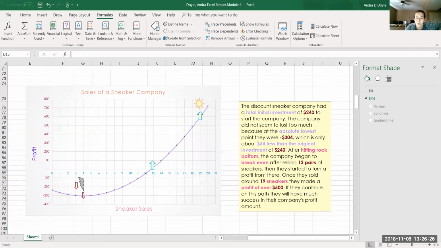After hitting rock bottom, which was right there with that thunderbolt, the company began to break even after selling about 13 pairs of sneakers, which is right here. And then once they sold around 19 sneakers, they had made a profit of over $500, up here where the sun is shining.